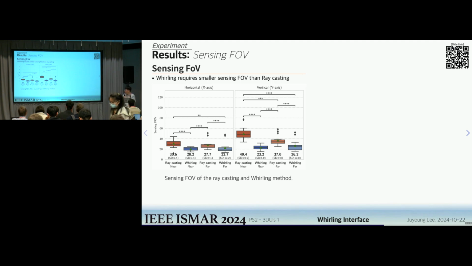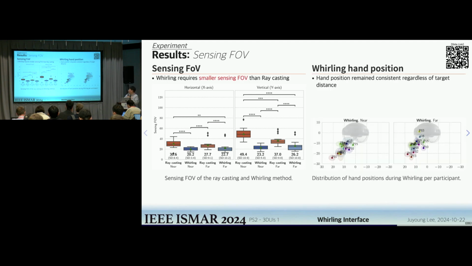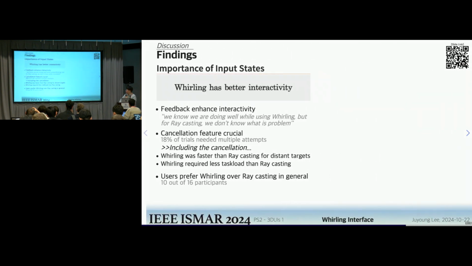For the sensing field of view, we can see that Whirling requires a much smaller sensing field of view than ray casting. The right side displays the hand position of each participant when they do Whirling. We can see everyone can do it in quite a consistent position, even though they are targeting different positions. So we can say Whirling can be one possible solution for low sensing field of view glasses.